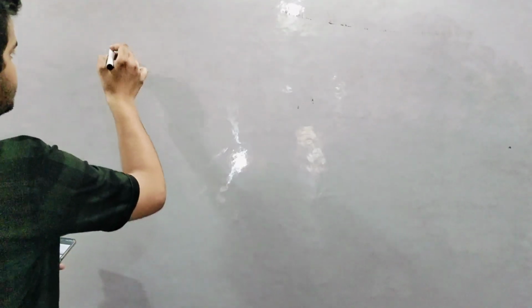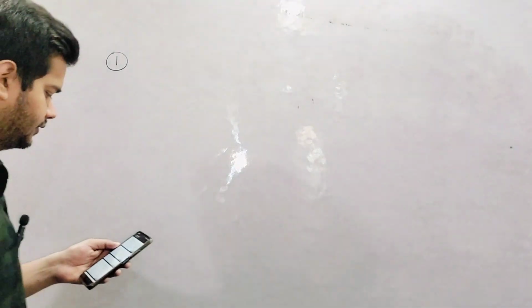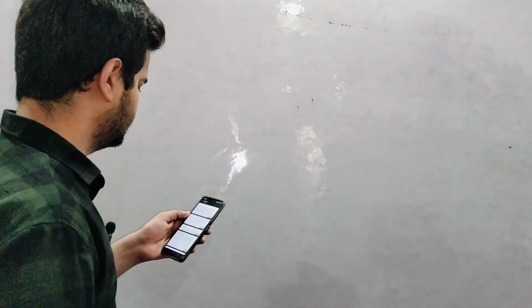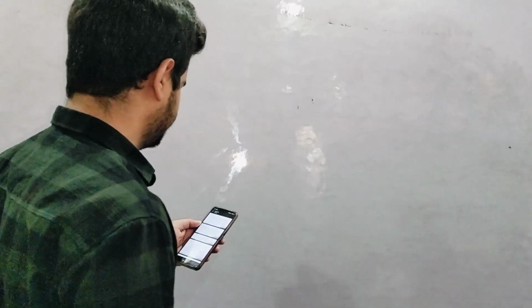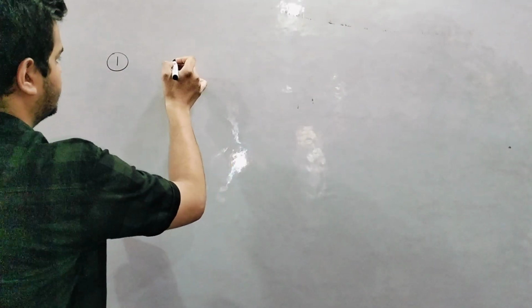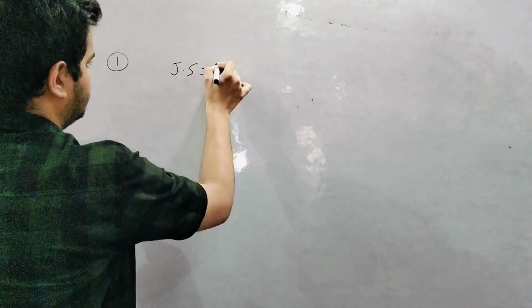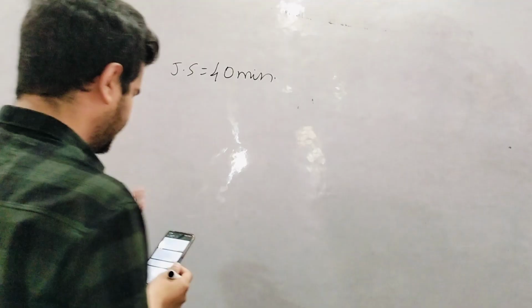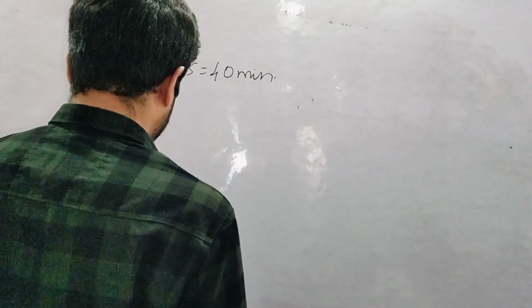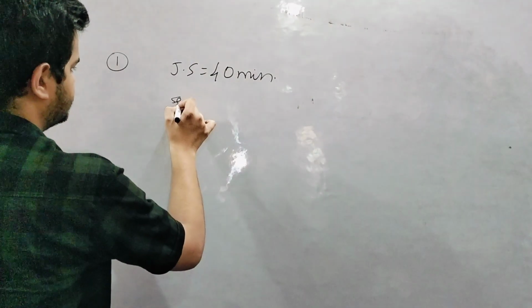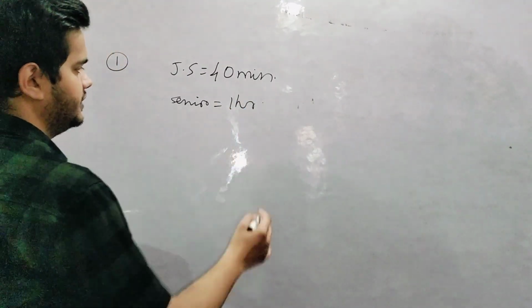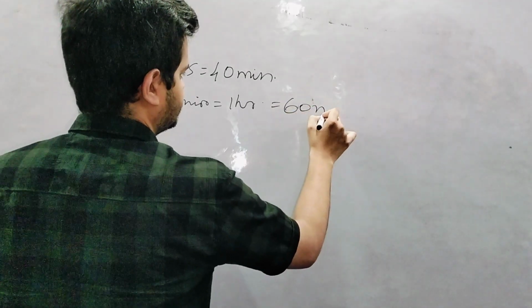To start with, the first question is: in a school, the duration of a period in the junior section is 40 minutes, and in the senior section it is 1 hour, which means a 60-minute class.